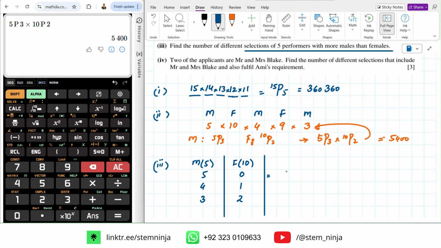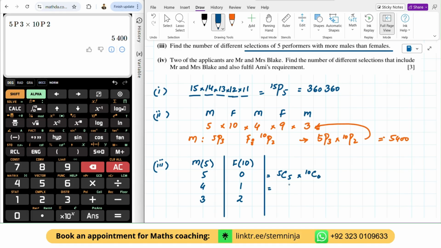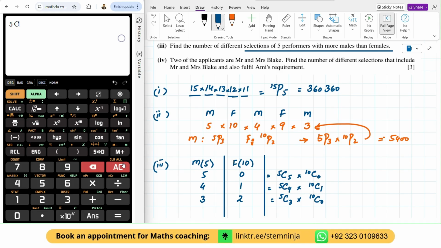So out of 5, 5C5, 10C0, 5C4, 10C1, and 5C3, 10C2. So we can just simply do that.